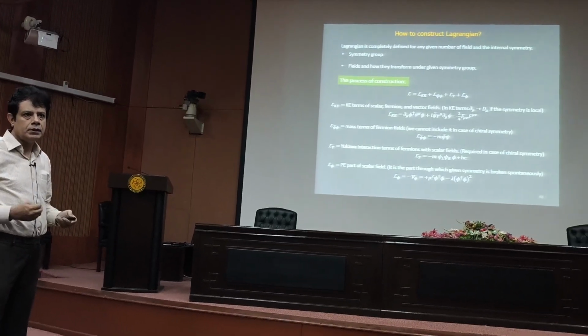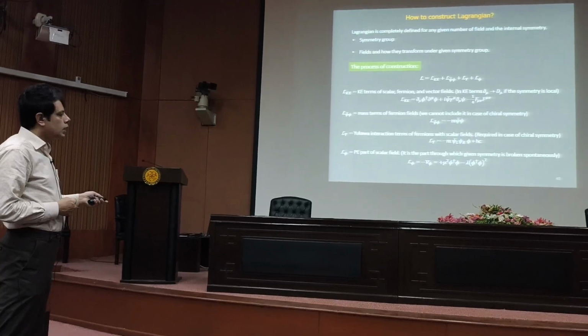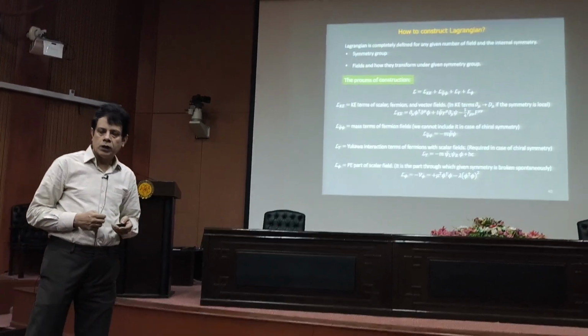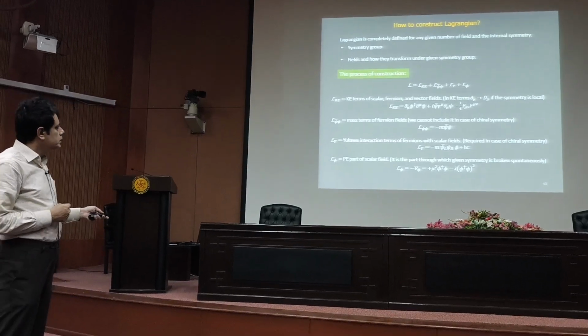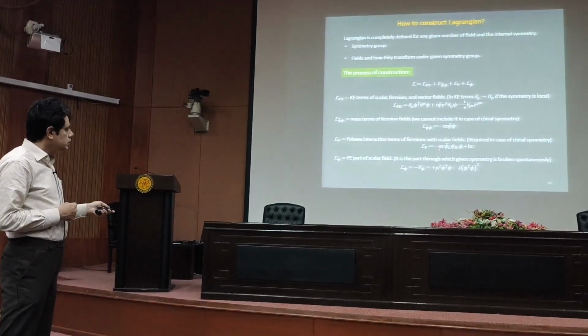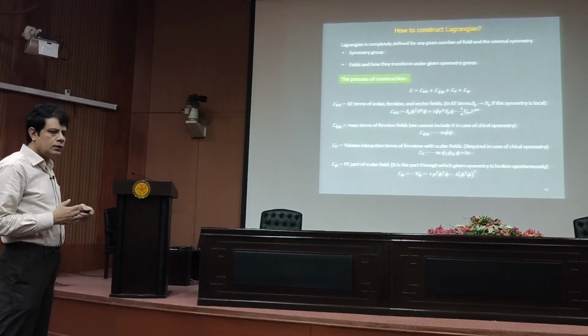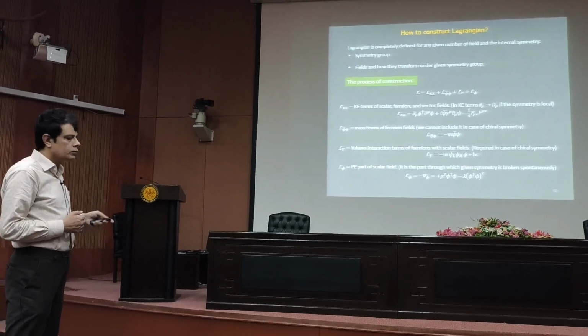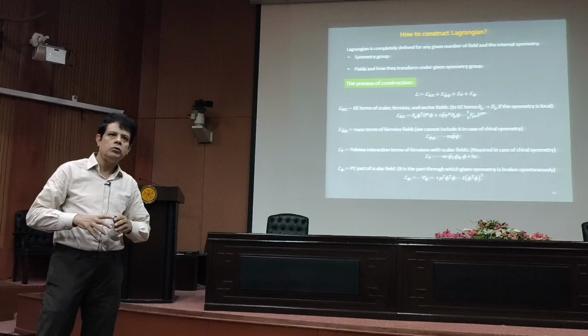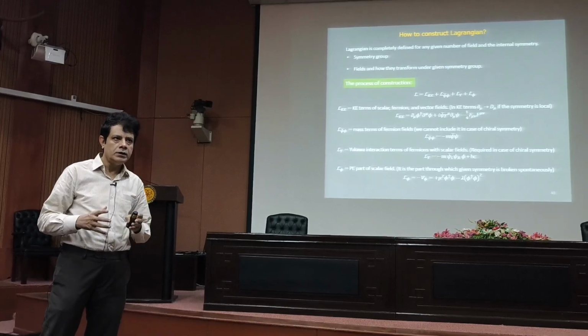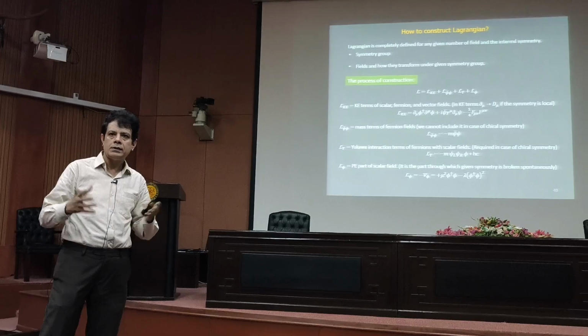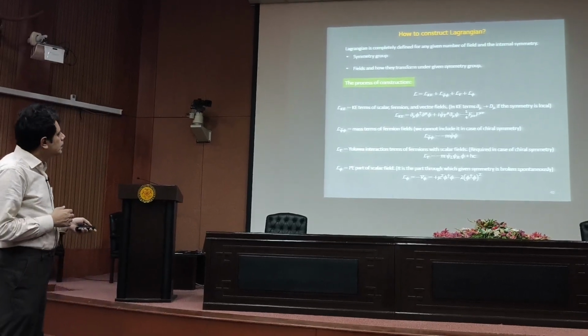And that can be done if we add Yukawa interaction terms. So a Yukawa interaction term by definition is a cubic term in which we couple two fermionic fields, left and right-handed, along with the scalar field. We have to include all possible Yukawa interaction terms in the Lagrangian as allowed by the symmetry.